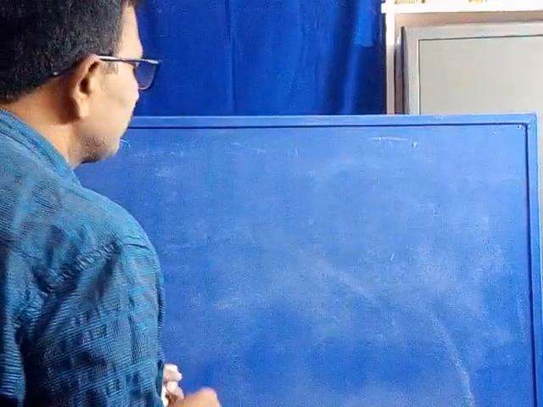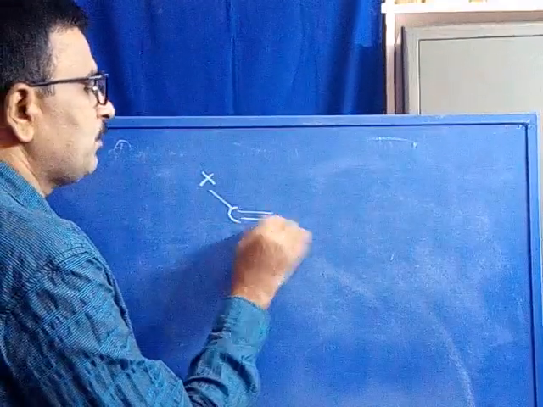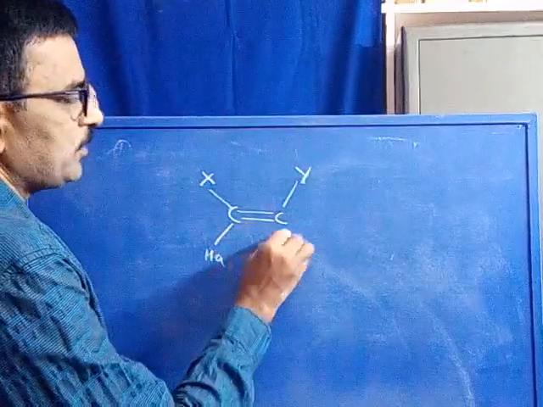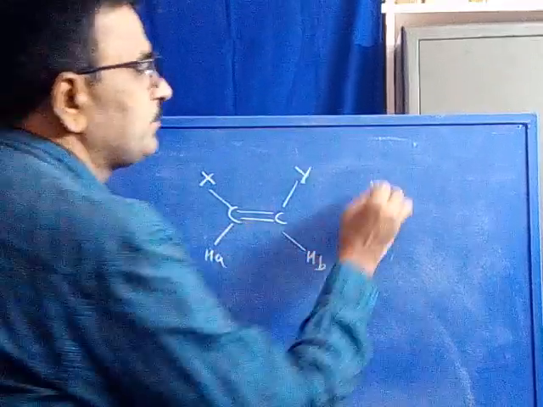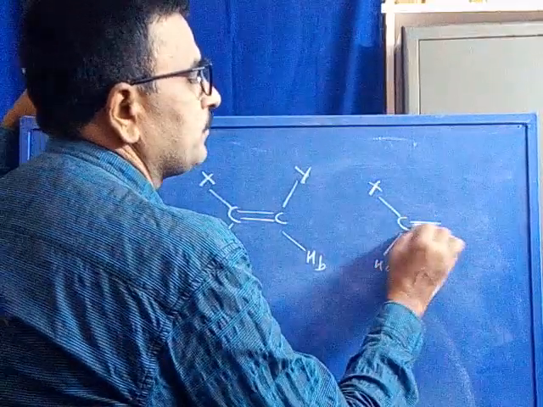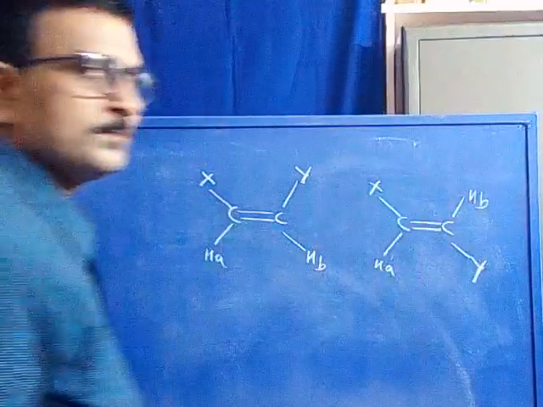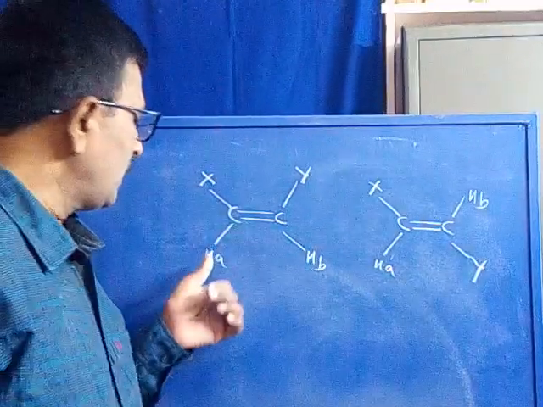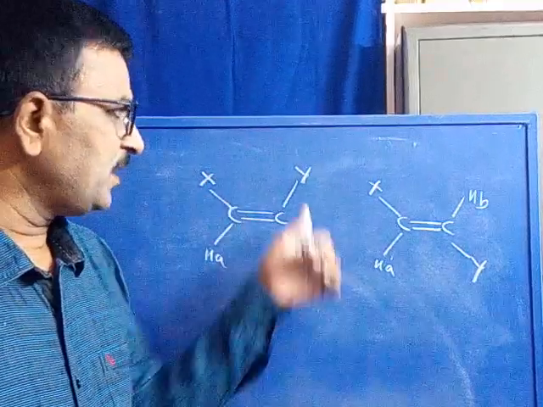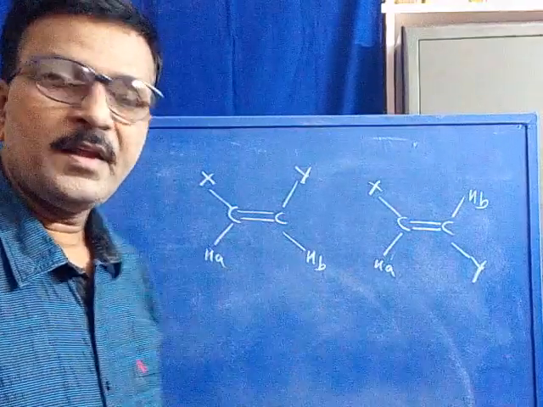Example, X atom, carbon, double bond, carbon, Y atom, say Ha hydrogen, Hb hydrogen. X atom, carbon, Ha hydrogen, carbon, Y atom, Hb hydrogen. Now, Ha is adjacent to X atom, Hb is adjacent to Y atom. So, AB protons are non-equivalent, hence coupled.